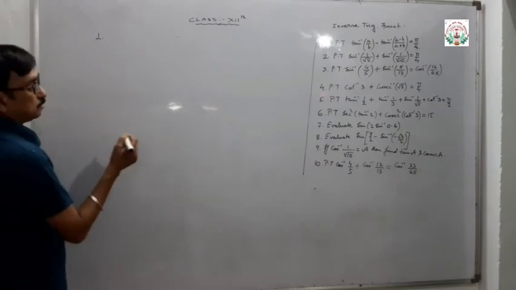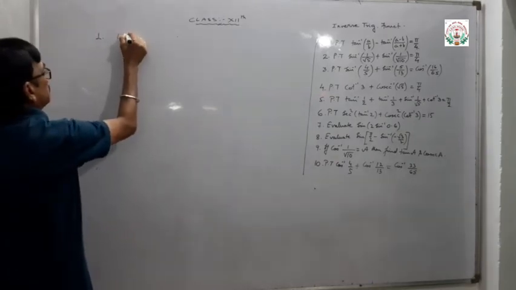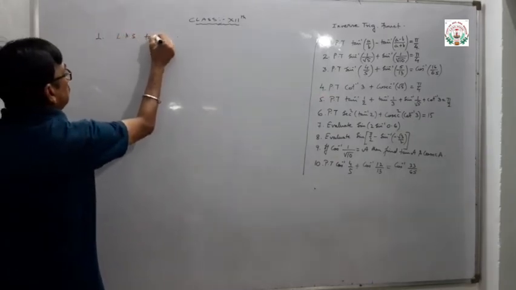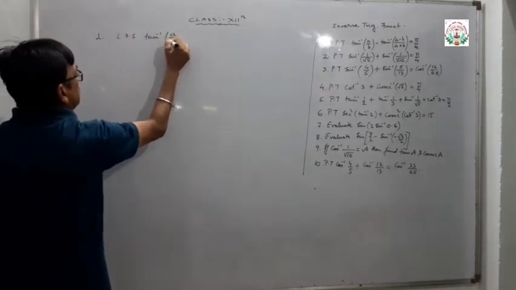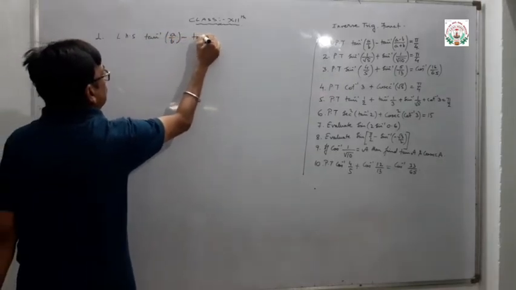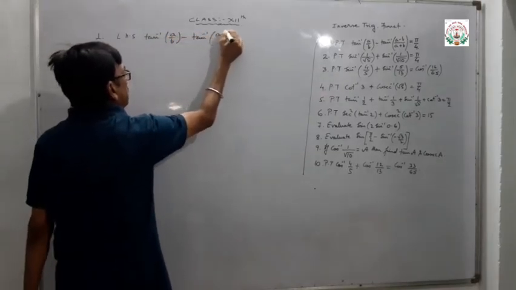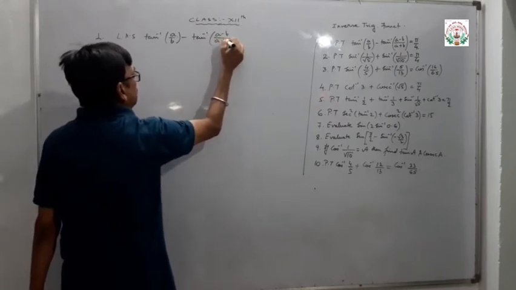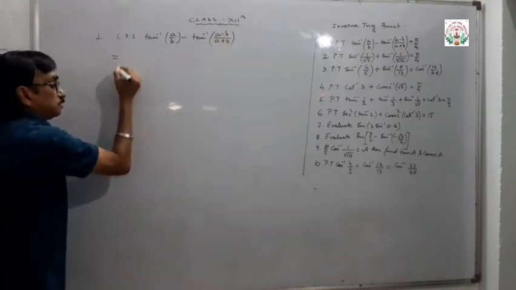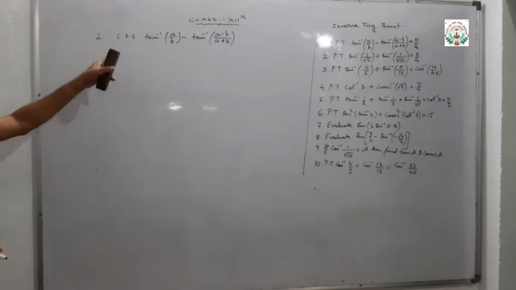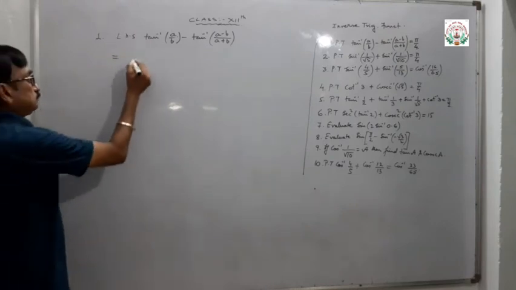So let us start with the first question. LHS: tan inverse of A by B minus tan inverse of (A minus B) upon (A plus B). Here we apply the formula for tan inverse of x minus tan inverse of y.